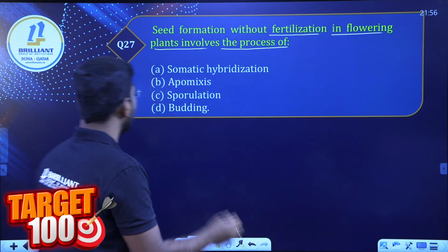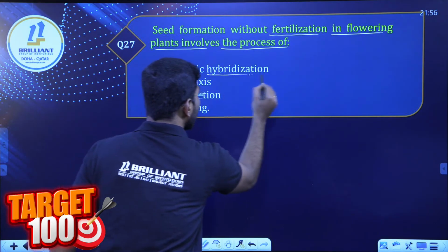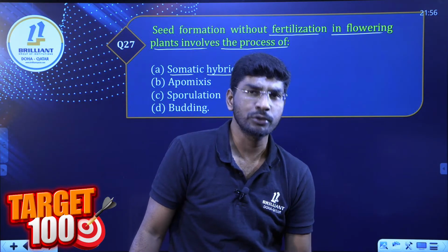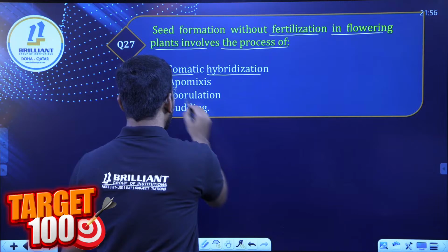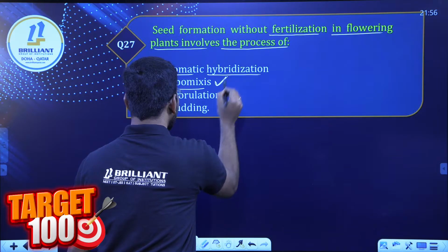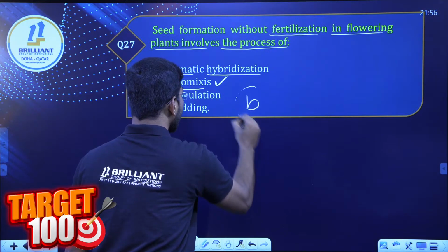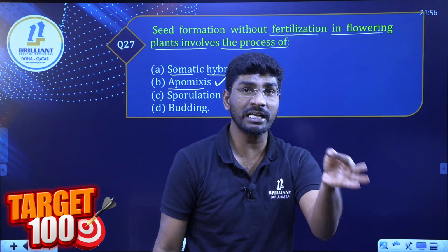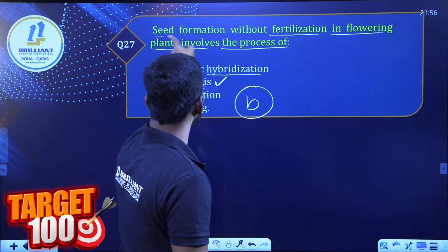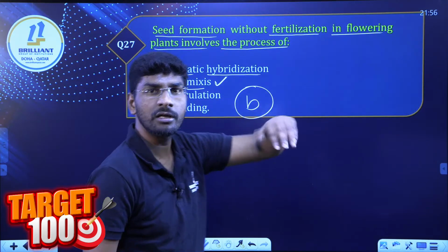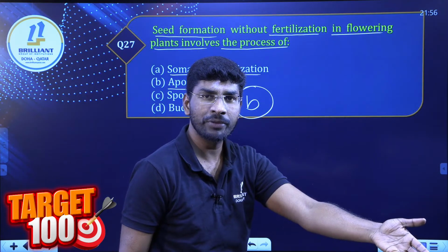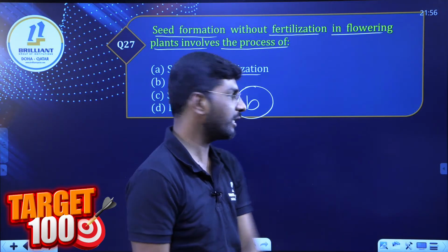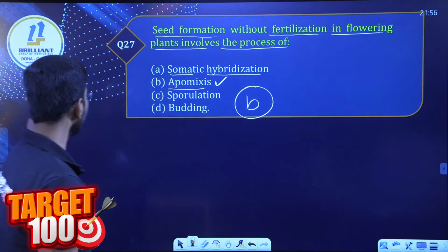Somatic hybridization is commonly seen in tissue culture, students. No, here it is apomixis. I can write option B. There are different types of apomixis, agamospermy. So we can write option B.